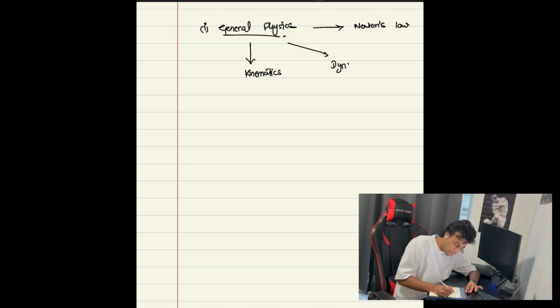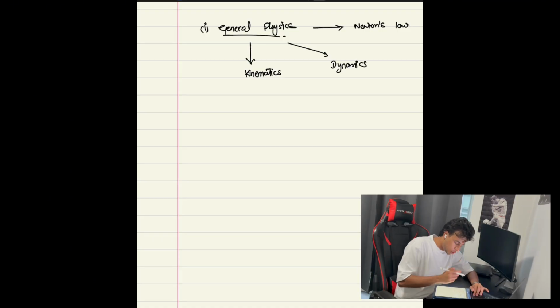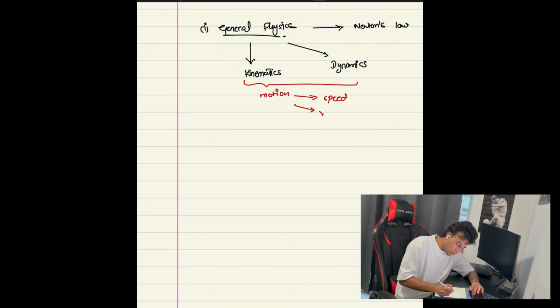But what is this? Kinematics and dynamics come under the terminology called motion, right? And when I say motion, it basically means something related to speed, velocity, distance. Why? What is that exactly?